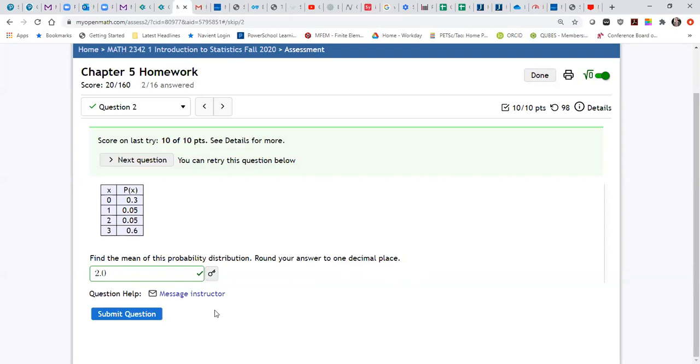Now you have the answer. You have to remember this: round your answer to one decimal place.